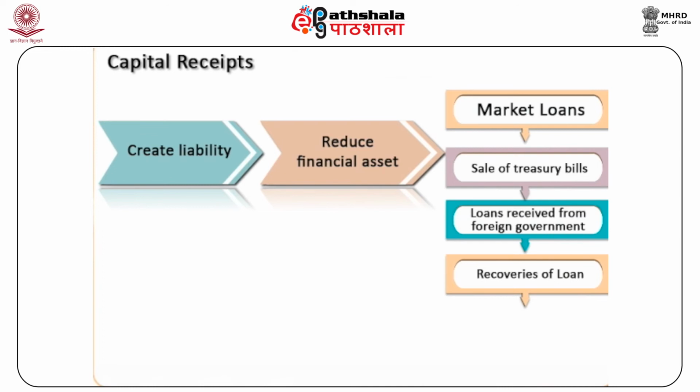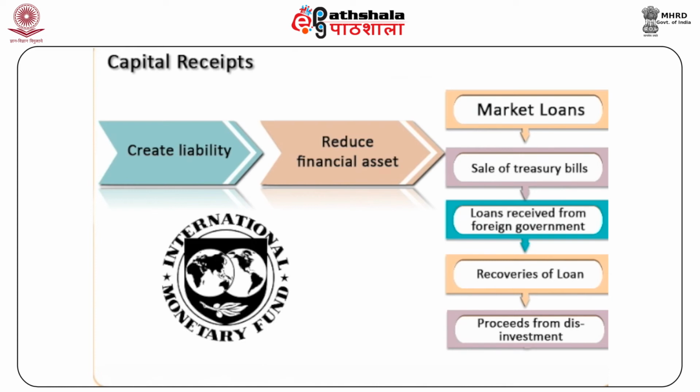Capital receipts also include the proceeds from disinvestment of government equity in public enterprises. Capital receipts could come from within India or from foreign governments and multilateral organizations like the International Monetary Fund.